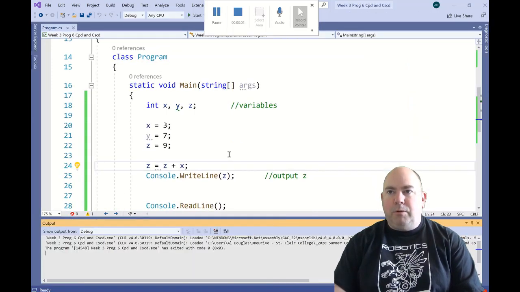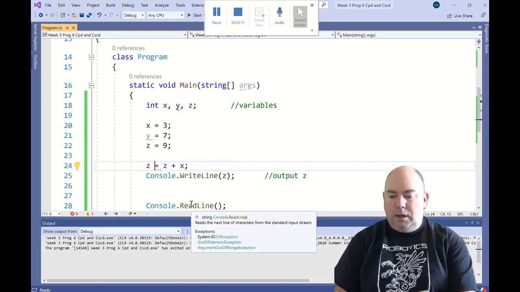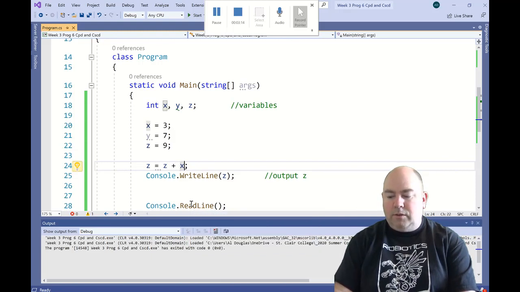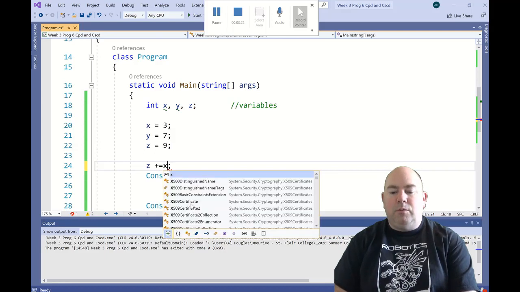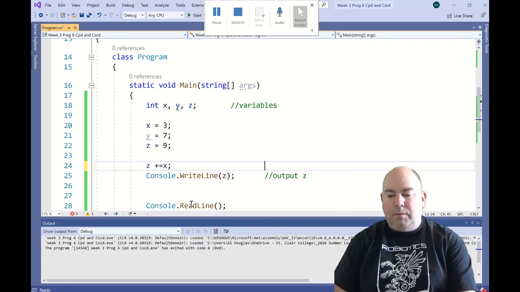Now an even simpler way to write this is, instead of z plus x, we can write the operation and redefining it at the same time. So we can say z plus equals x. And that basically means the same as saying z is equal to z plus x.